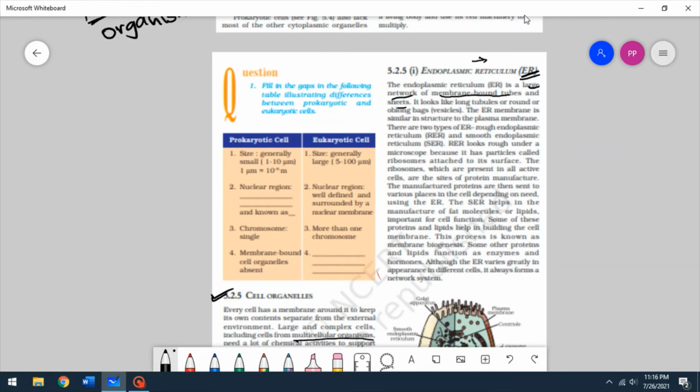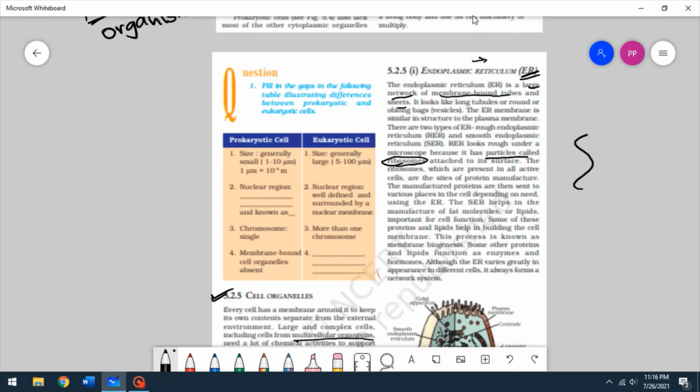It is similar in structure to the plasma membrane, and there are two types of ER: RER, the rough ER, and SER, the smooth endoplasmic reticulum. RER looks rough under a microscope because it has particles called ribosomes attached to its surface.